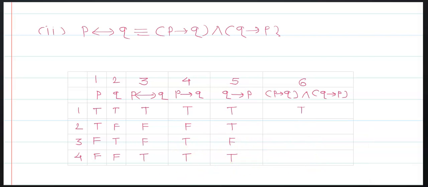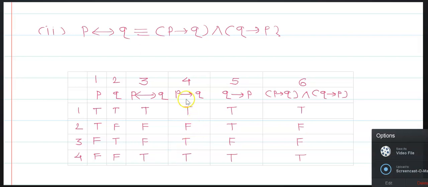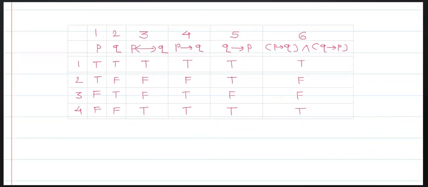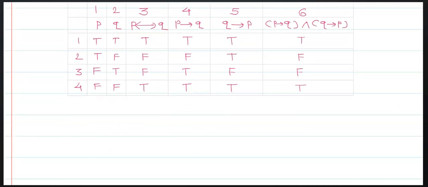The first is T, F, F, again T. And now see the column number 3 and 6. Both are same. Therefore the given statements are logically equivalent. Now the column number 3 and column number 6, both are identical.